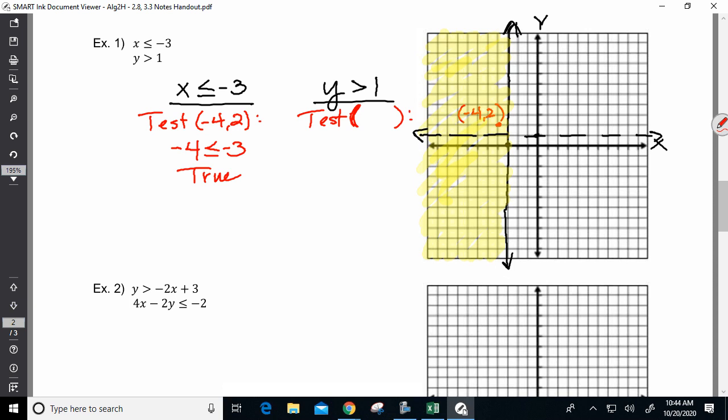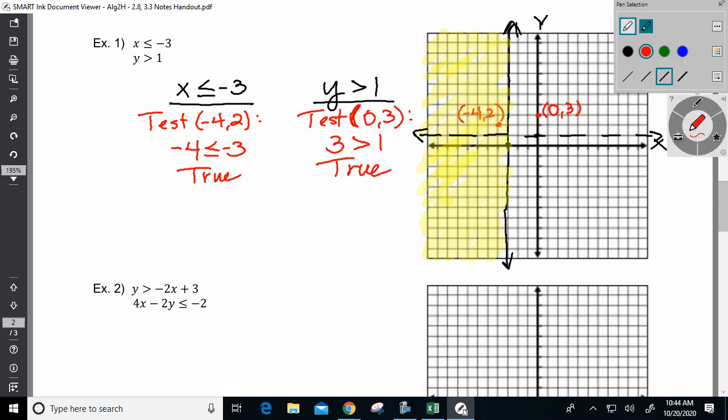0, 3. 0, 3 would be above it. So x is 0, y is 3. Plug in the 3 for y. 3 greater than 1 is true. So that means anything above that line is going to be true.